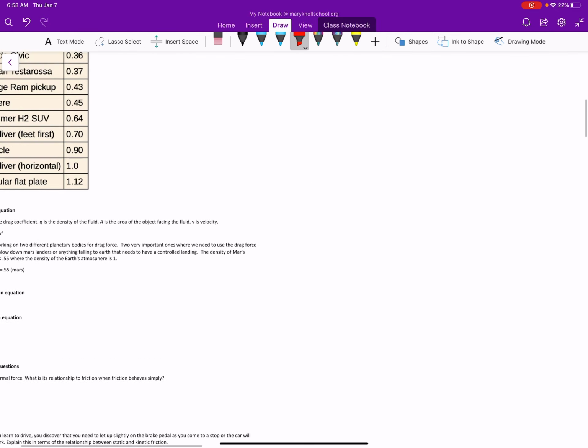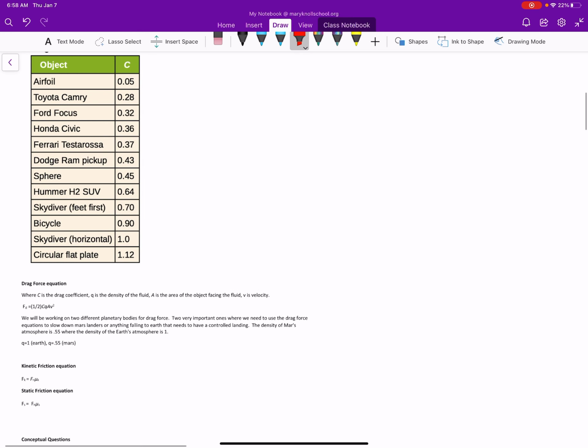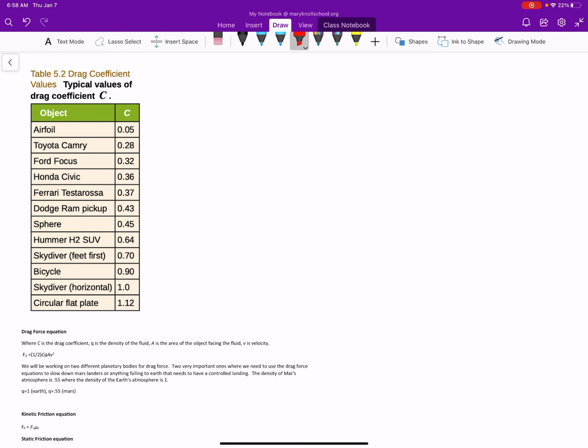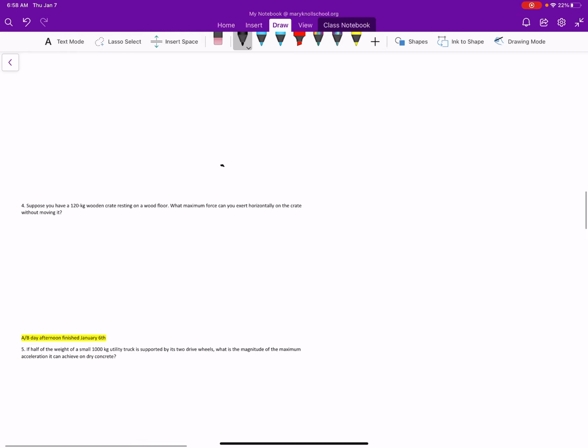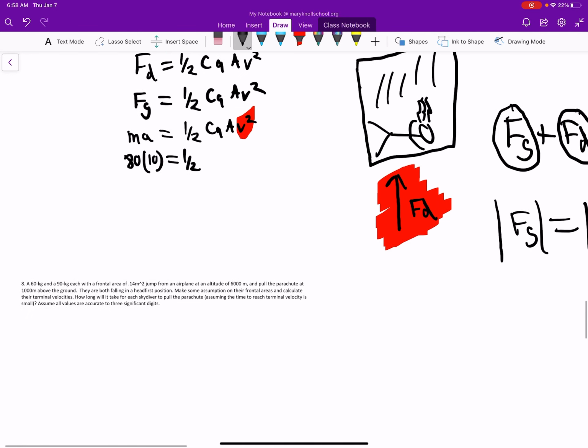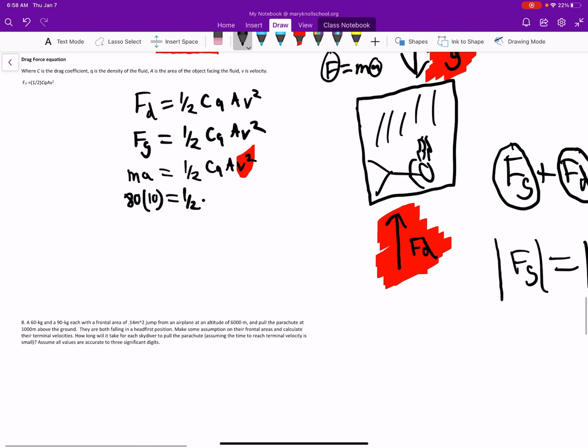So look up C. We have skydiver horizontal and then skydiver foot first. So foot first and head first, looks like this is the one that's close. And so we'll just use this value here, 0.7.